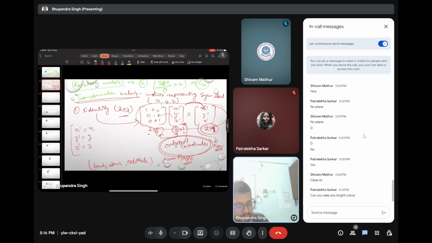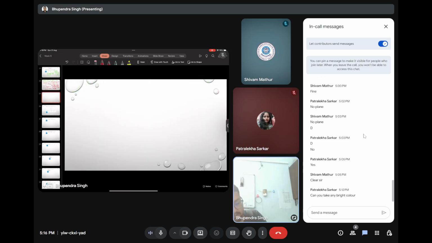So these are same because this was the identity matrix. So here we have observed no change in the basis. These were our basis coordinates. So identity does not change your basis.